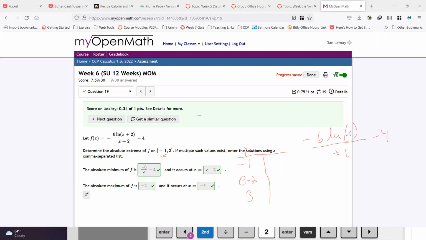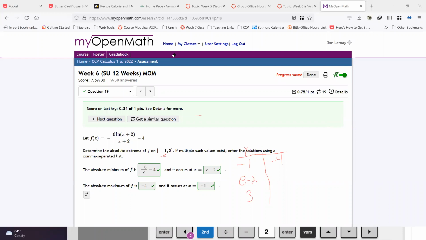Well, what's the natural log of 1? You're going to get 0. Negative 6 times 0 is 0. 0 divided by 1 is 0. 0 minus 4 is negative 4.